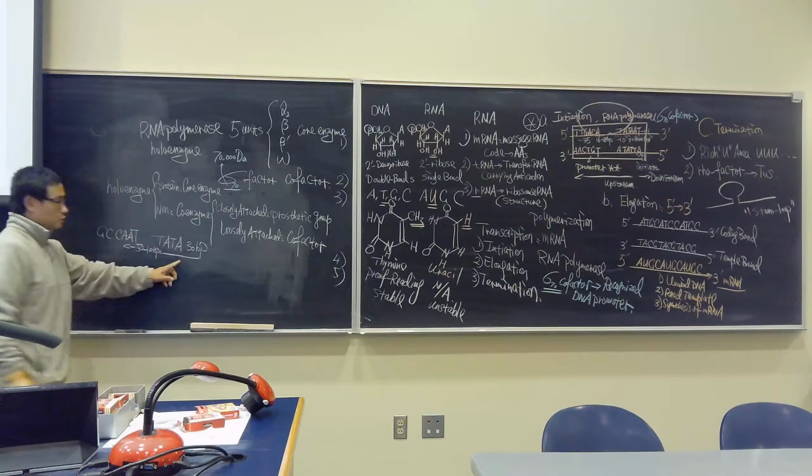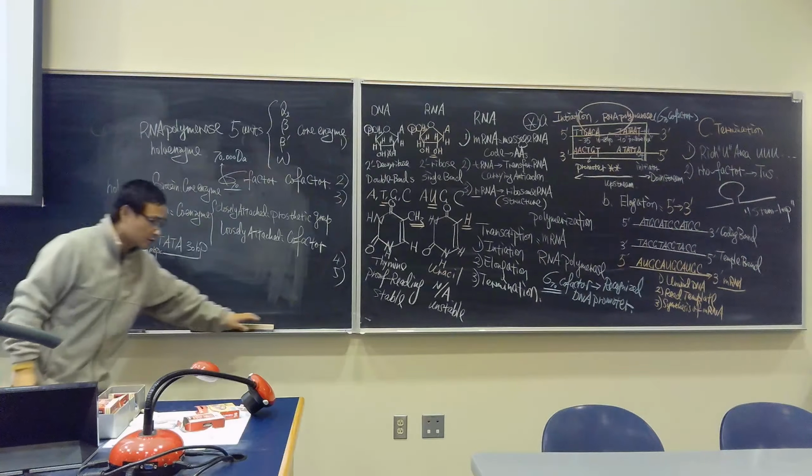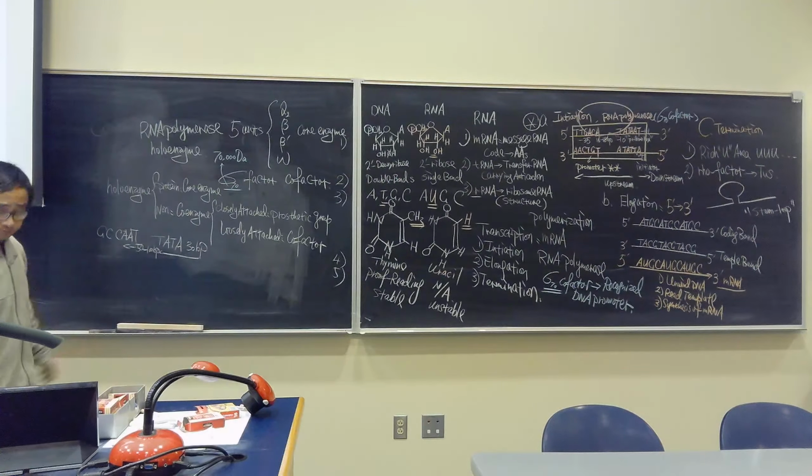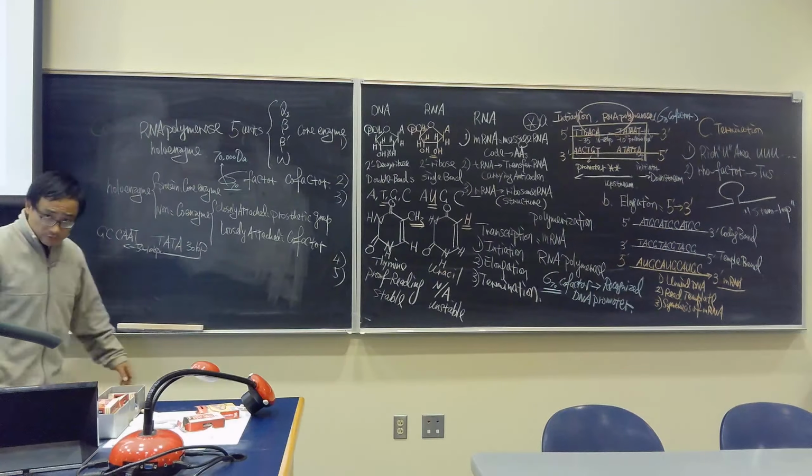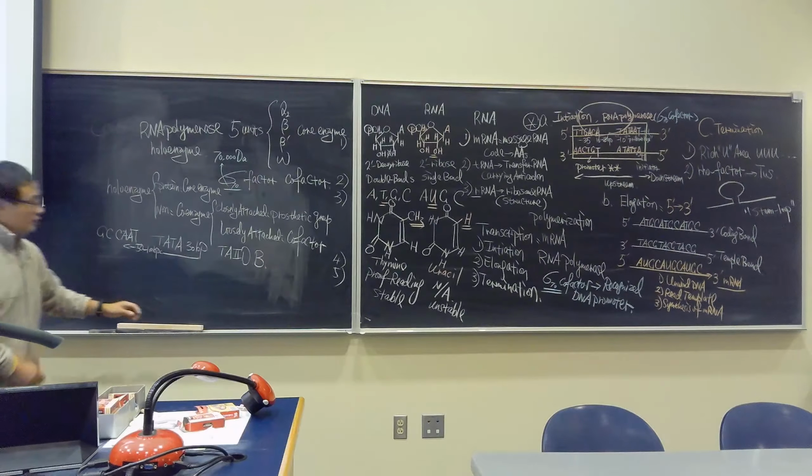That's a conserved sequence of the promoter in eukaryotes. Second, eukaryotes rely on TFIID, TFIIB. Is that right? There are proteins for transcription, two proteins for that.